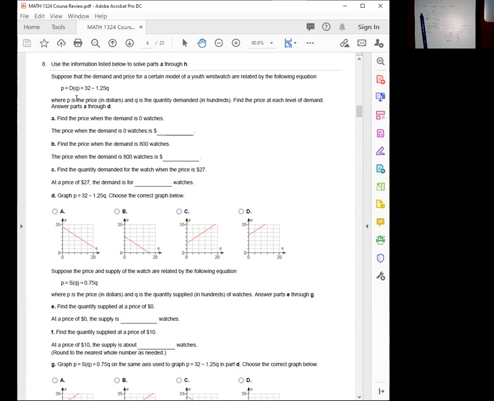Answer parts A through D. Find the price when the demand is zero watches.